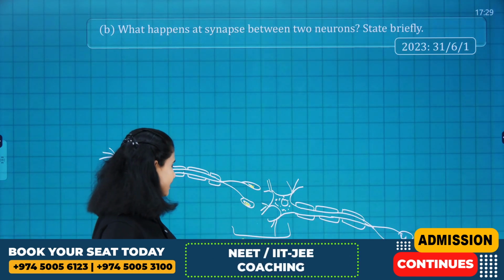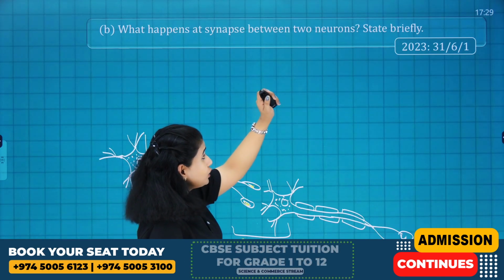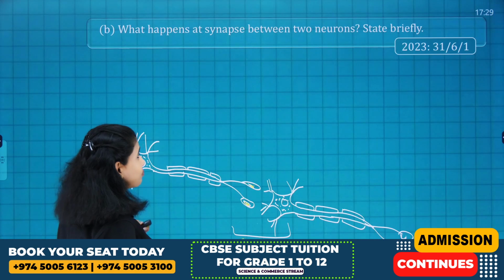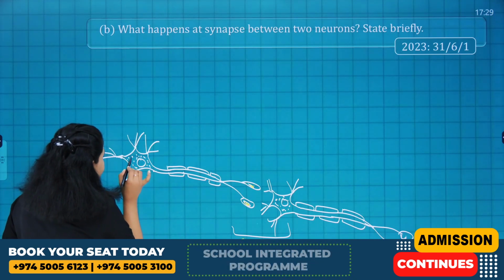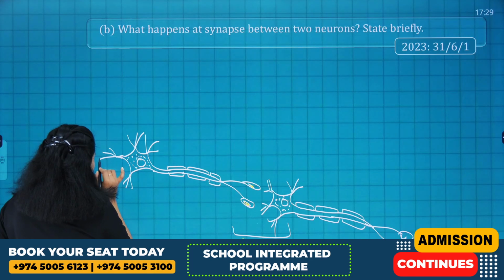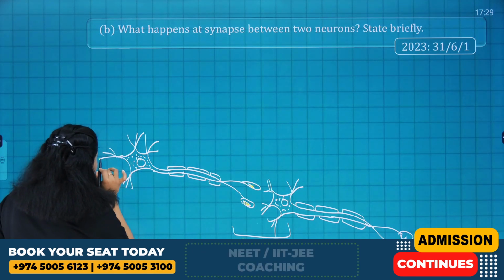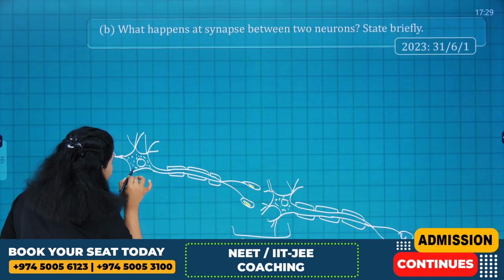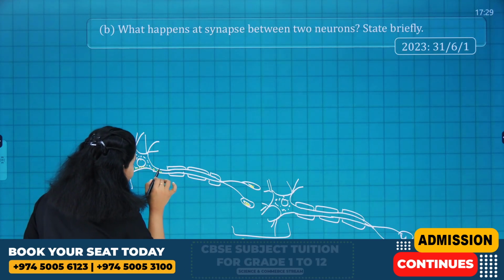You can see a synapse here. Now, what happens between two neurons, you have to explain briefly. Now listen here. The impulses are generated here at the dendrite, and it is electric charges. We call it as positive and negative.